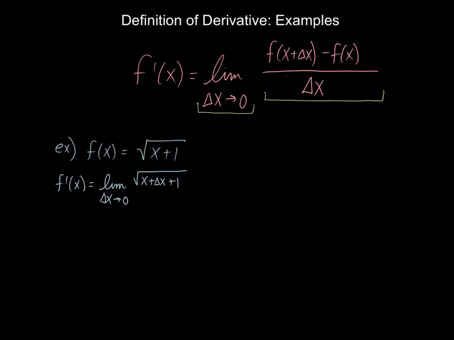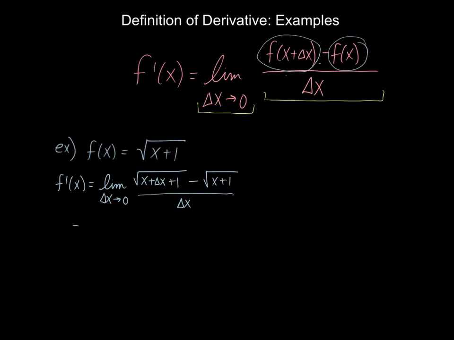My x turned into x plus delta x. The next thing is just the function. So there's part 1 and there's part 2, minus sign in the middle, and then delta x in the bottom. Okay, so far I haven't done any real hard work. I've just literally substituted into the formula.